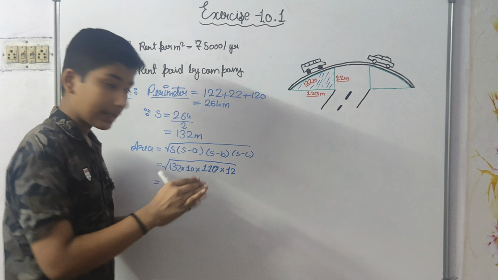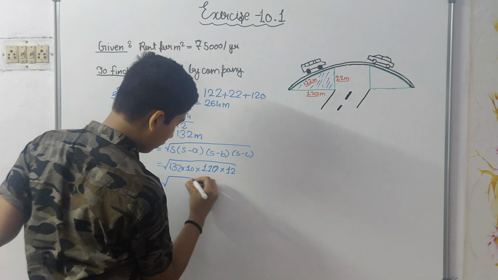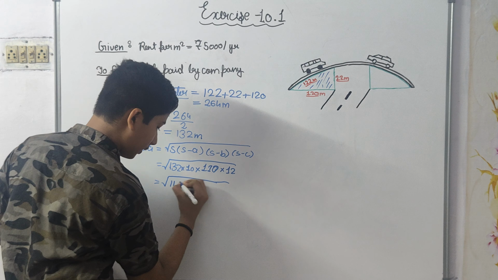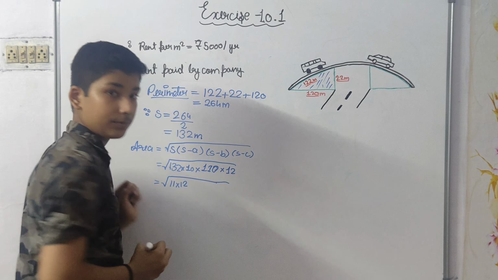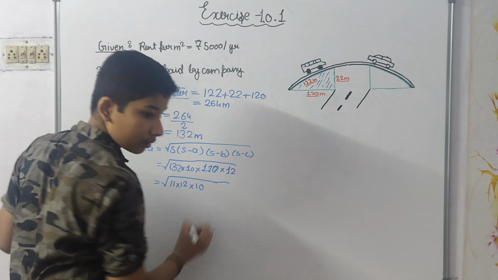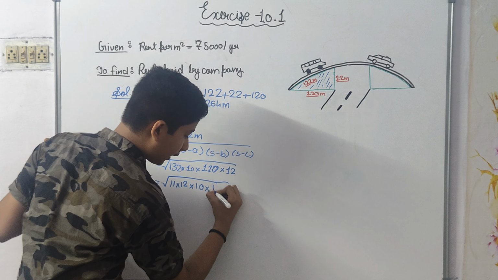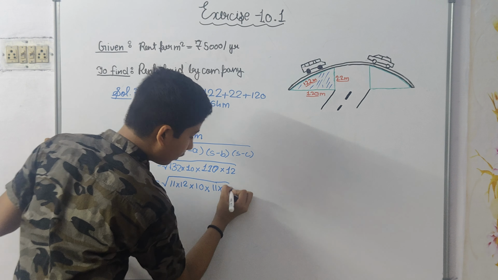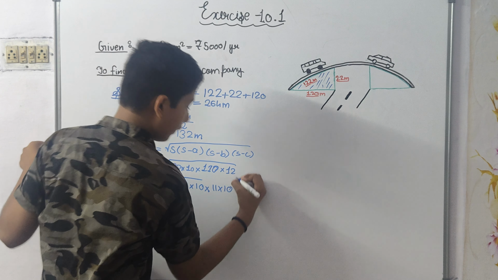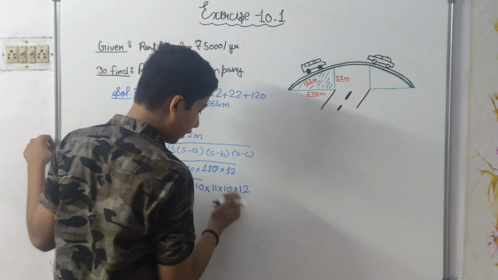Now let's break these. 132 can be broken in two parts, 11 into 12. Now 10 will be written as it is, and 110 can be written as 11 into 10. And 12 will be written as 12 only.